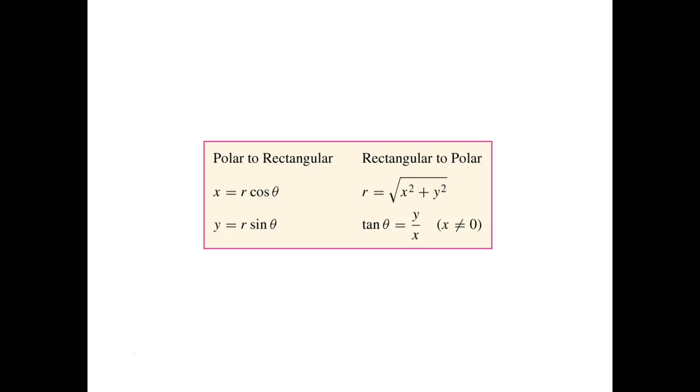So this will never produce a negative r, and this will never produce a theta outside of minus pi halves and pi halves. And of course, you've got another half circle over here that you're outside of. So there are some little problems with that, but don't worry about those unless you need to.